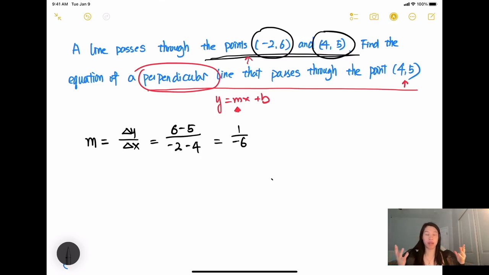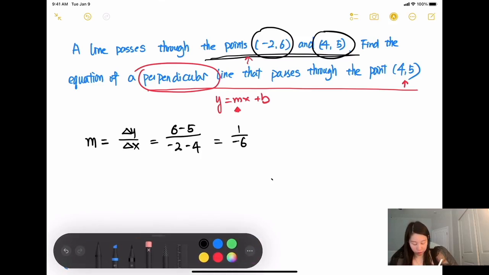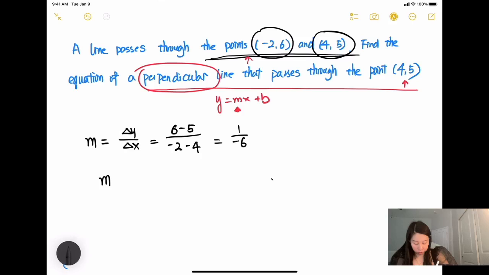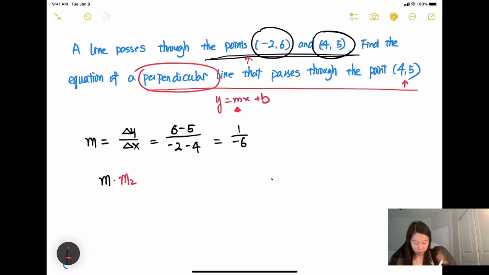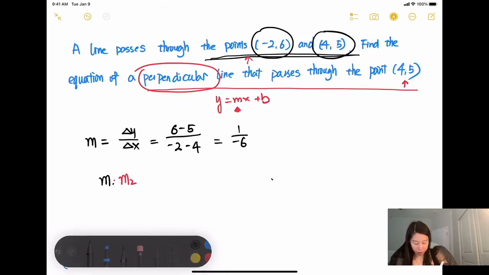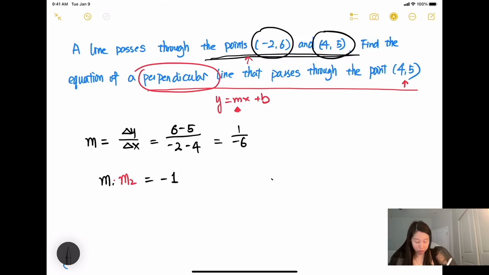So do I need to find the equation of the first line? No, we don't need to, because all we need to know is the slope. Because what matters is slope. With the slope of the first line, we'll be able to find the slope of the second line. So now, since they're perpendicular, we know that the first slope times the second slope, let me use m1 and m2, should equal negative 1, right?